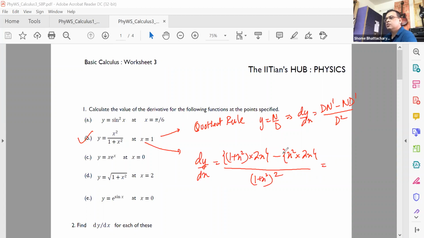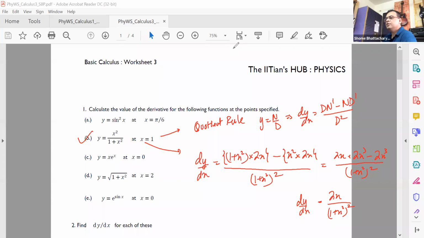So this will give us 2x plus 2x cubed minus 2x cubed, divided by 1 plus x square whole square. So that's giving us 2x upon 1 plus x square whole square. So this is dy by dx.